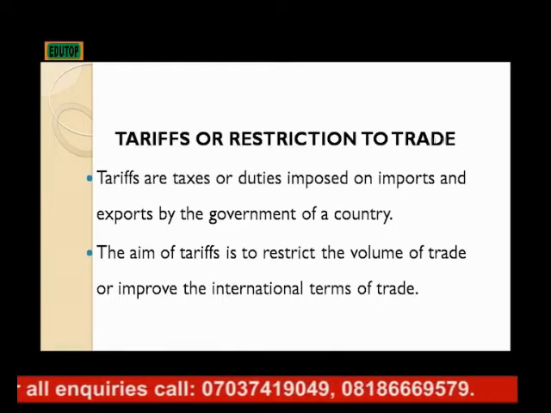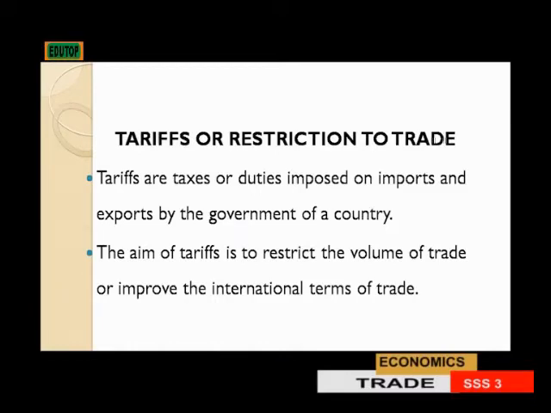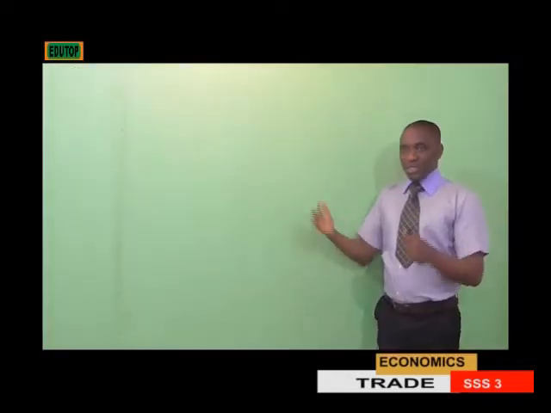Tariffs are taxes or duties imposed on imports and exports by the government of a country. The aim of tariffs is to restrict the volume of trade or to improve the international terms of trade. What are the major reasons?